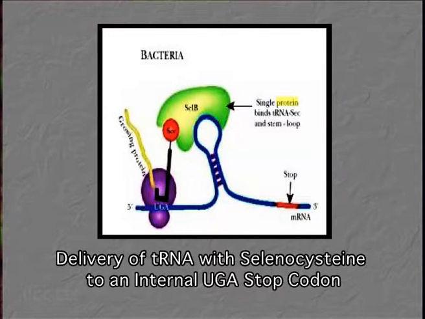What is so special about these sequences is that they are capable of forming stem loop structures, right? And another factor called SelB comes into play, which is capable of interacting with this selenocysteine insertion sequence stem loop structure and the tRNA that codes for selenocysteine.